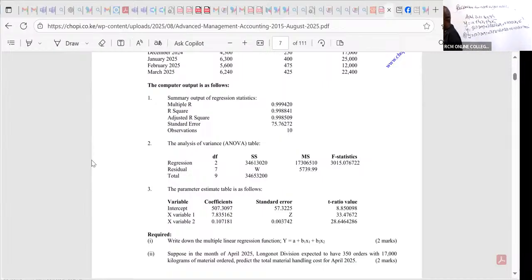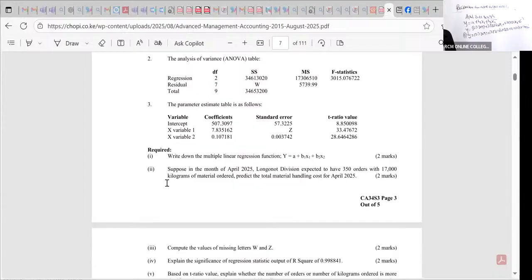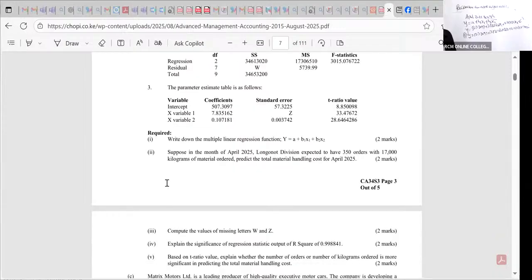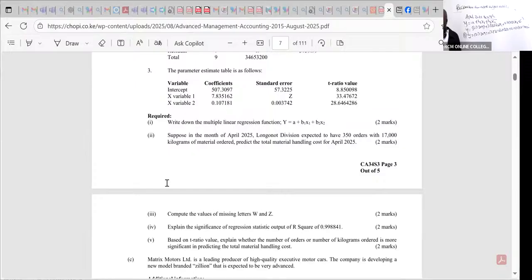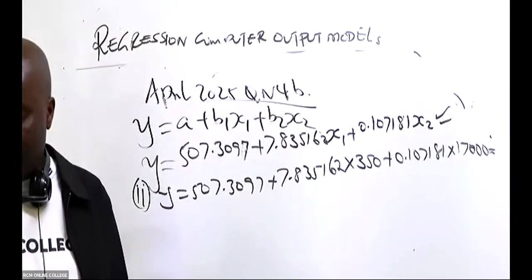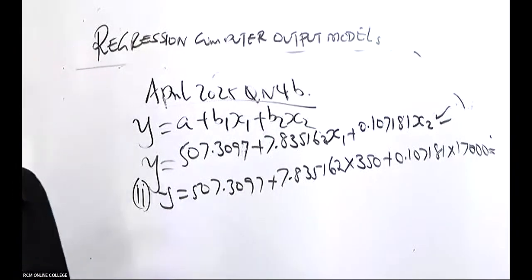So 2 marks, 3 marks really, at times 1 mark for prediction. Is that okay? Nobody's giving me an answer. According to this ninja, they're getting 5071.